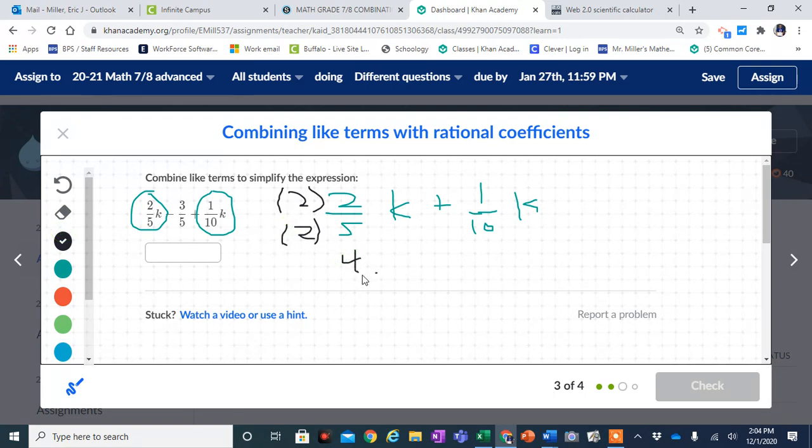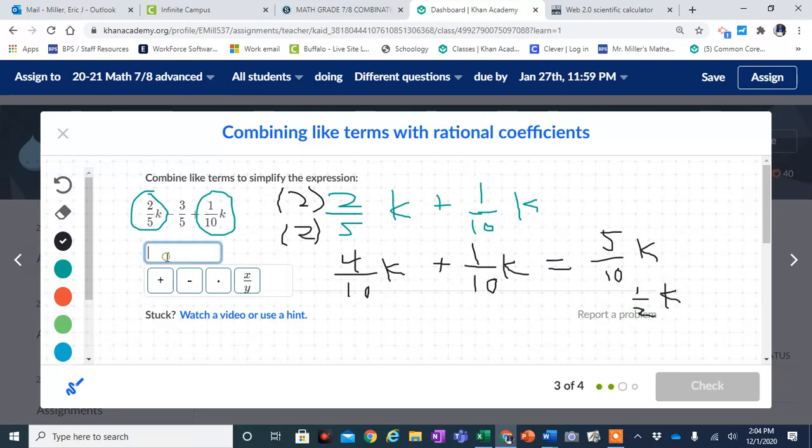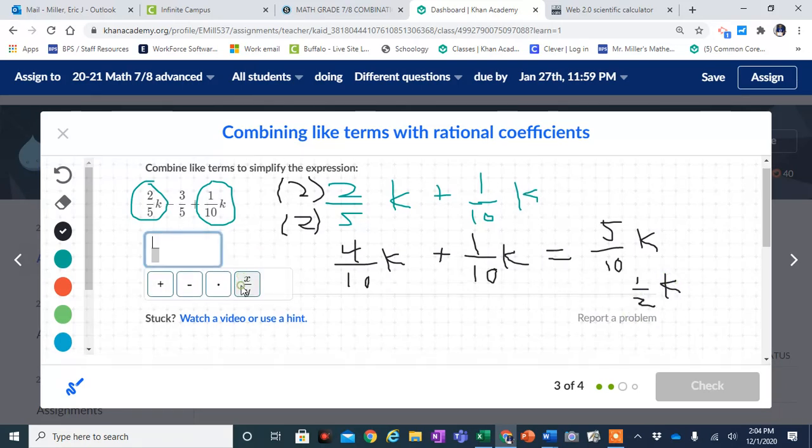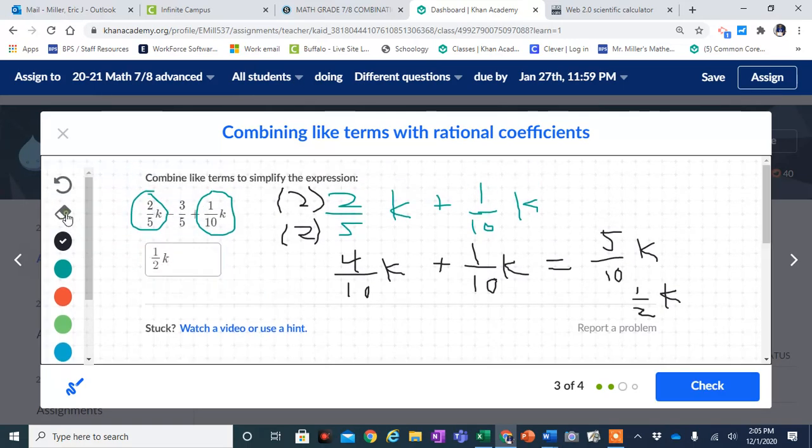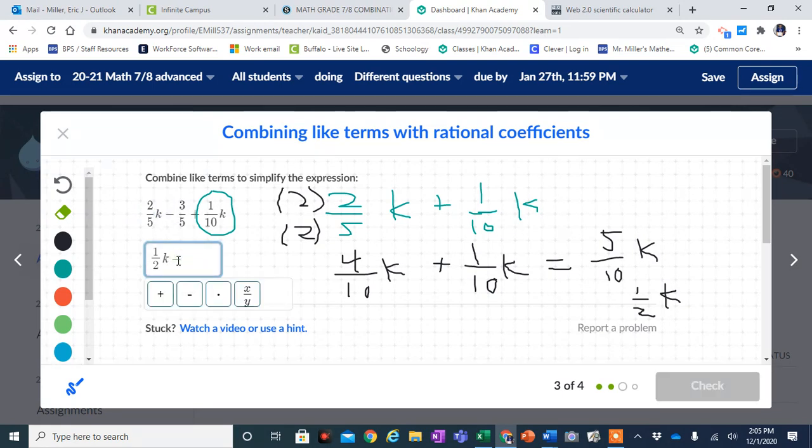So that means that's now 4/10k plus 1/10k, which would give you 5/10k, or 1/2k. So we're going to have 1/2k, and then we still have the minus 3/5.